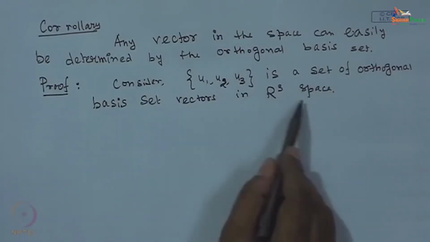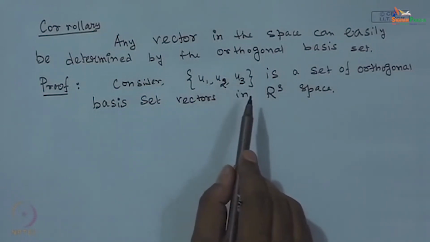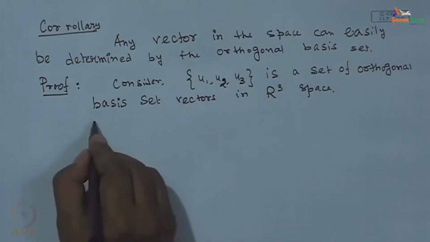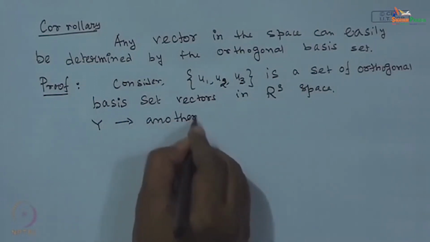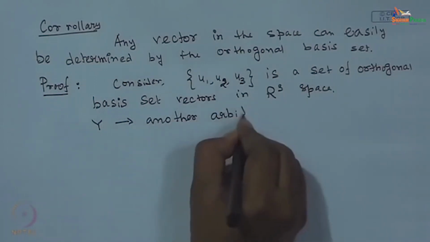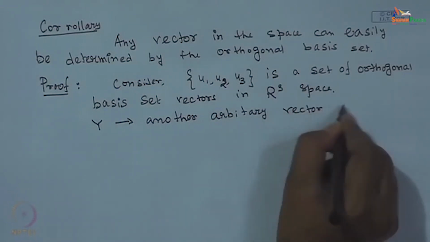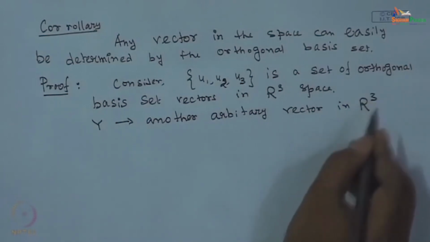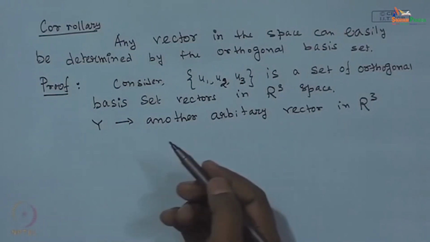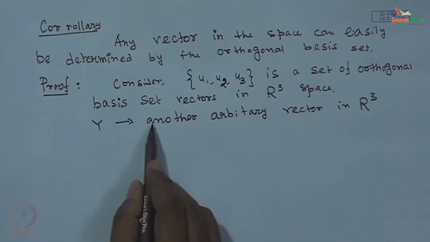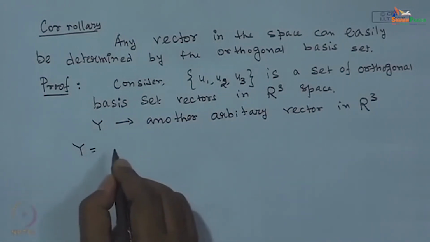And so, it is a 3-dimensional space, and we can identify that u1, u2, u3, they are basically mutually independent to each other. Now, we have y, an arbitrary fourth vector in the same R3 space, then by the definition of the independent vectors, it will be dependent and it can be expressed as a linear combination in terms of the basis set vectors.